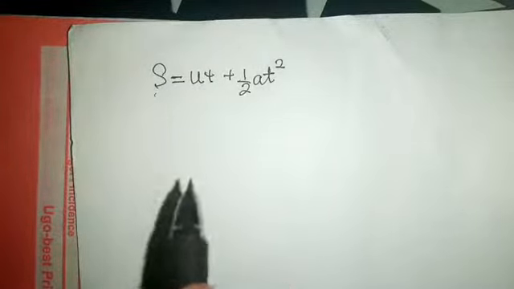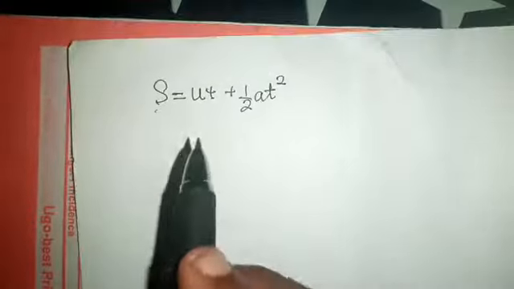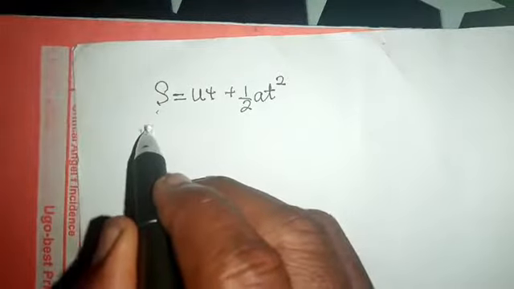So I will start by making the coefficient of t 1. But then it's a fraction. The first thing I have to do is to clear this fraction. I will multiply both sides by 2.